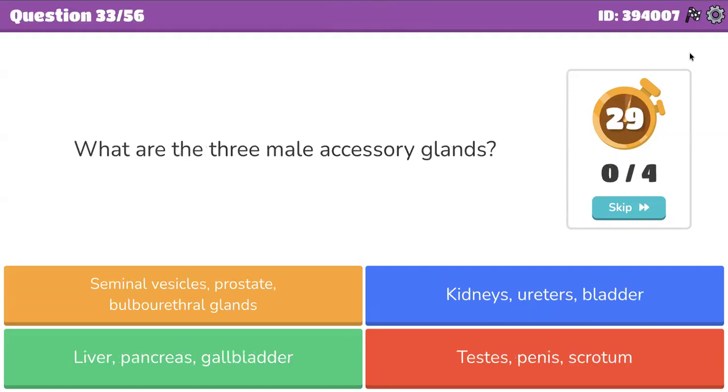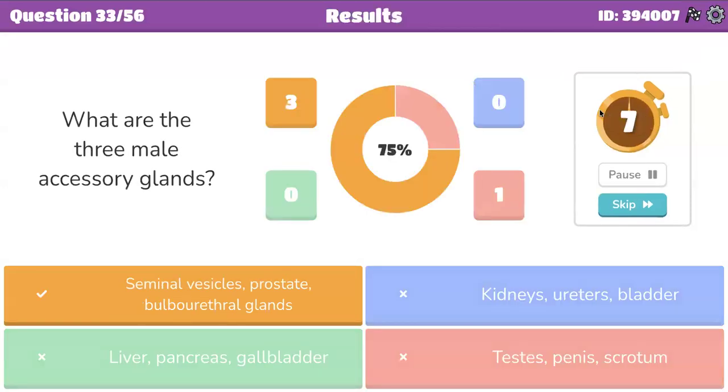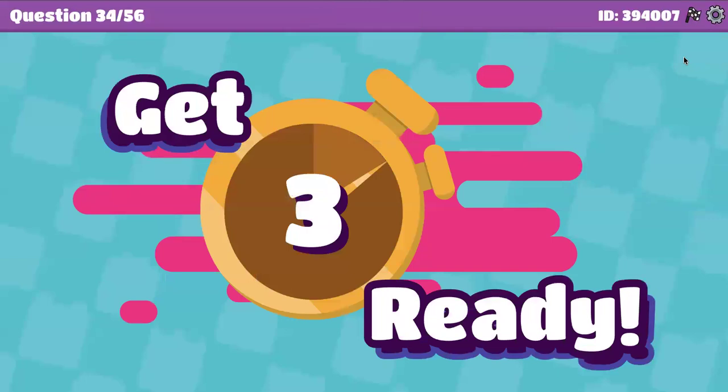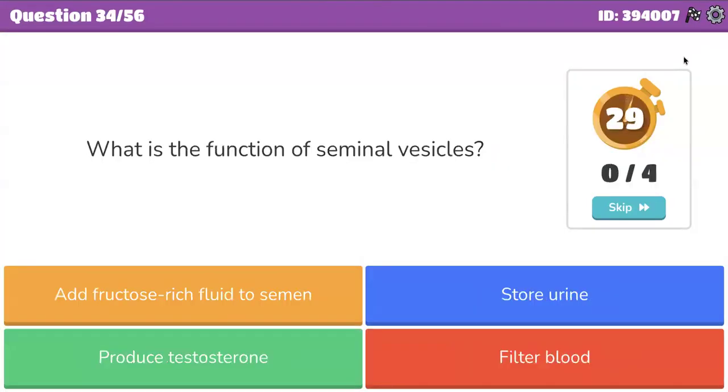What are the three male accessory glands? The seminal vesicle, prostate, and the bulbourethral glands. What is the function of seminal vesicle?